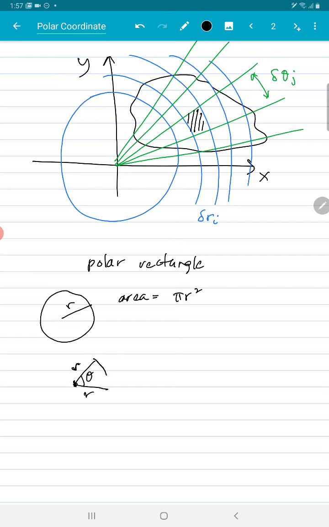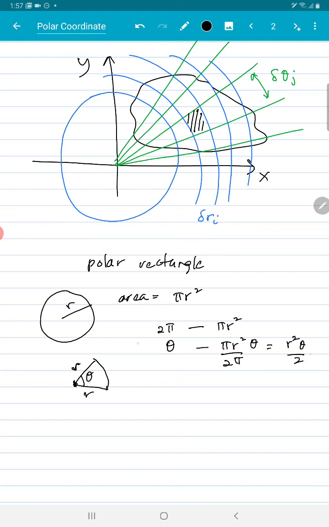Remember for the whole circle, the angle is 2 pi. So if the angle is 2 pi, the area is pi r squared. But now our angle is theta, so it should be pi r squared over 2 pi and then theta. So that would be r squared theta over 2.